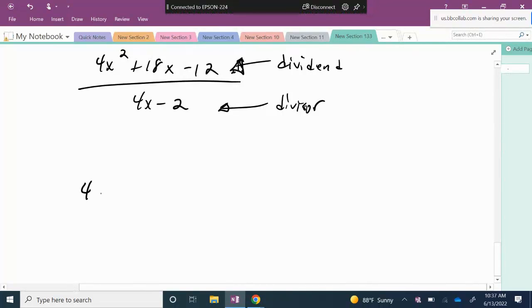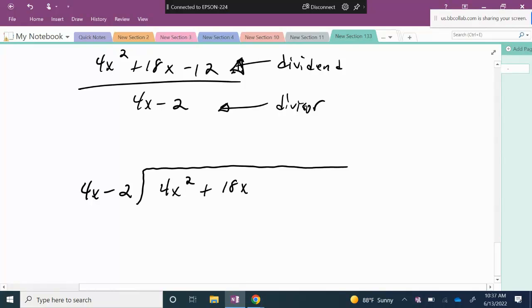My divisor is 4x minus 2, and the dividend is 4x squared, my second degree term, plus 18x, my first degree term, minus 12, which is the 0 degree, because constants have a degree of 0.